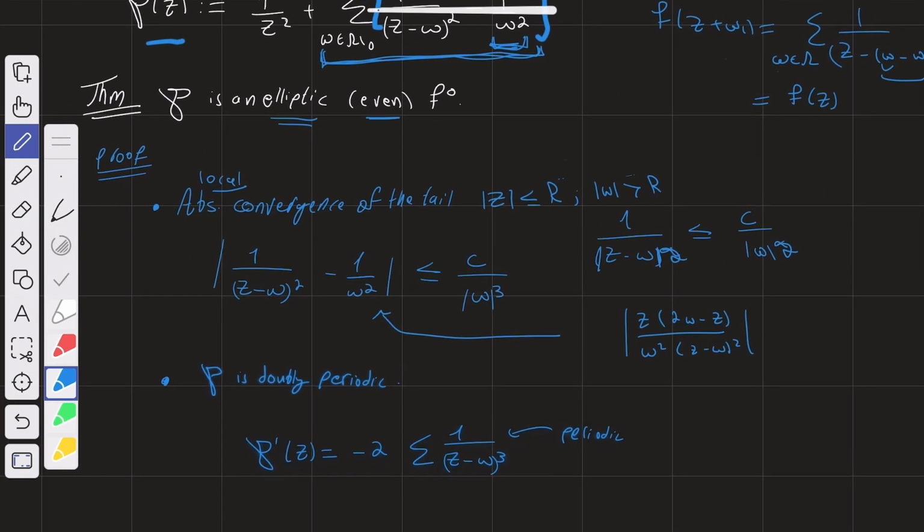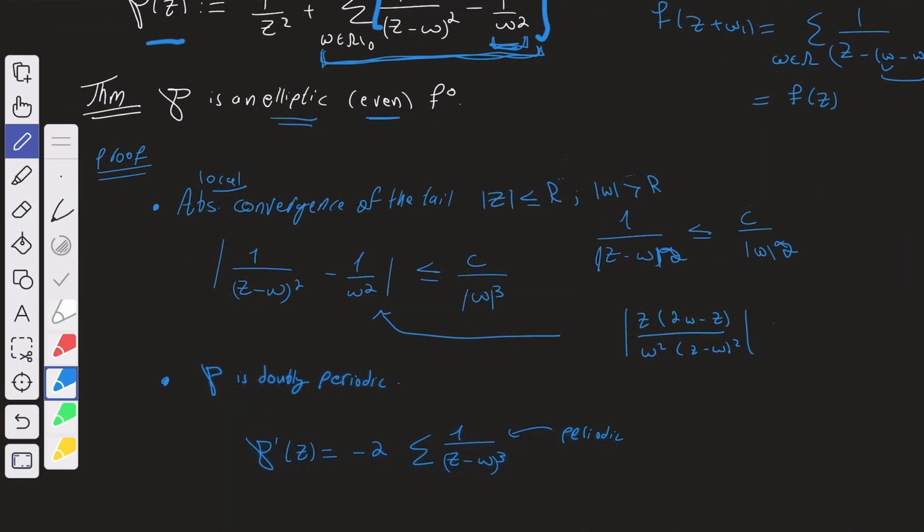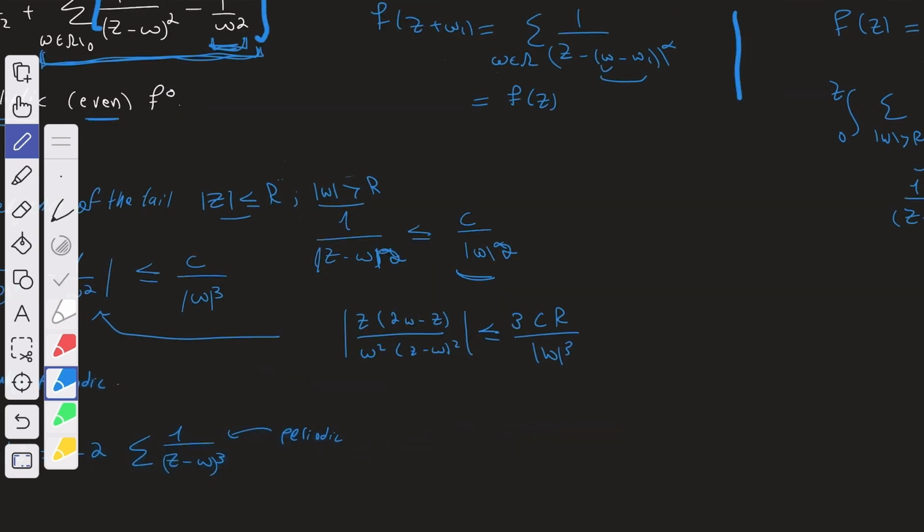So again, by this inequality and this inequality, it's easy to prove that this is bounded by 3CR over |omega|^3. And this is very nice, because we know that the sum of 1 over |omega|^alpha is absolutely convergent for alpha strictly bigger than 2, and we just have an order 3 here.